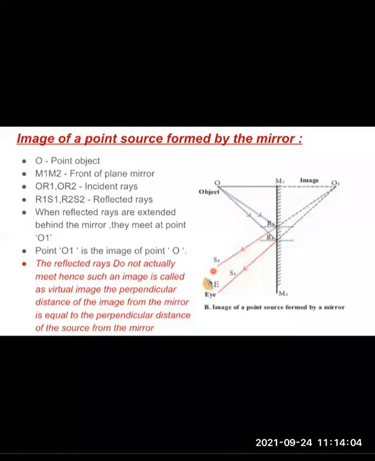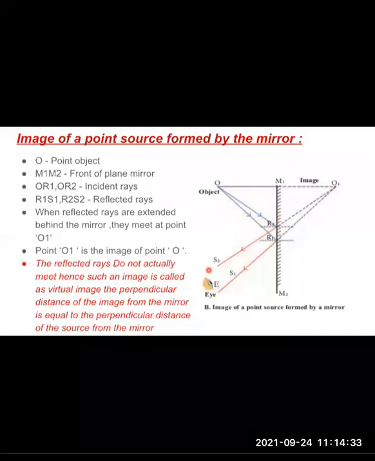So R2S2 is another ray of light which is reflected from the mirror. Now suppose the two reflected rays that are shown in red color are produced backward. If I produce the ray R1S1 in the backward direction, it will ultimately give me a point over here.